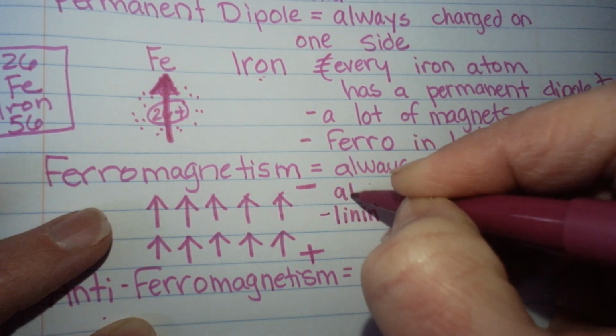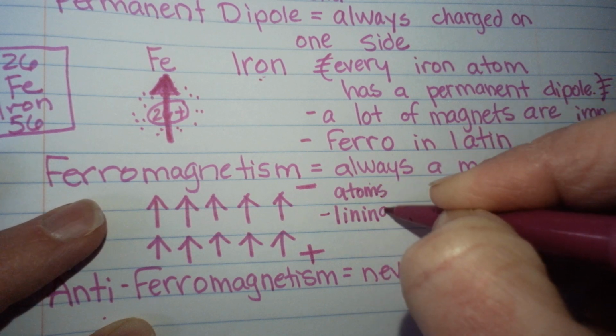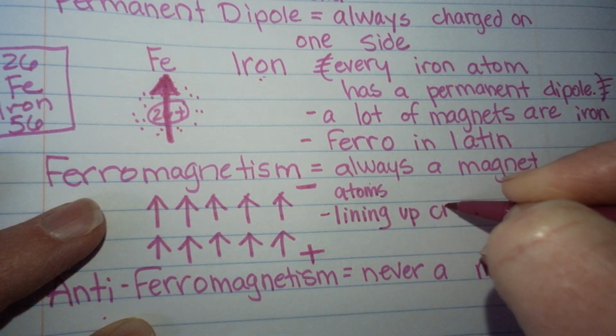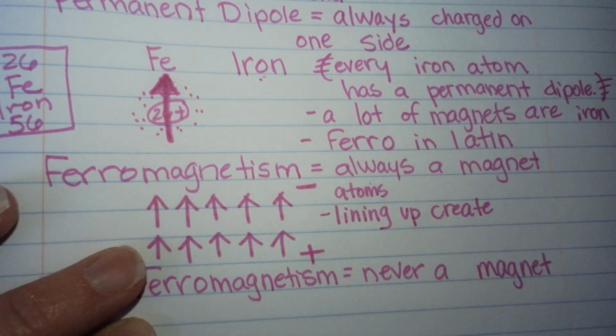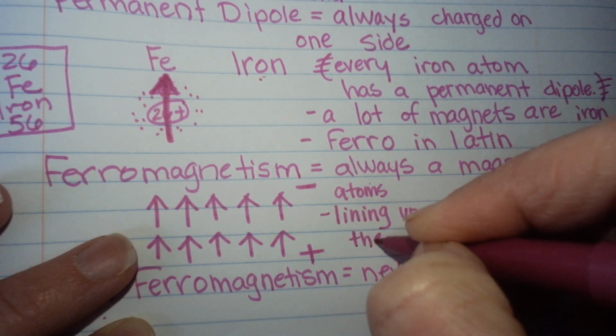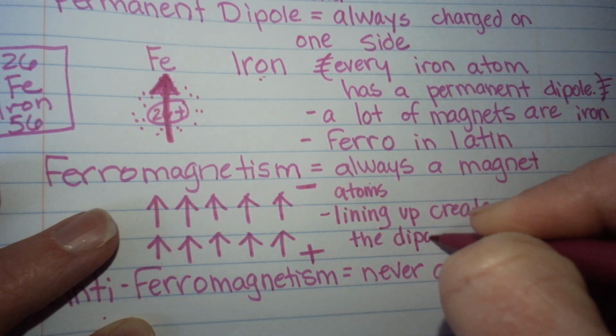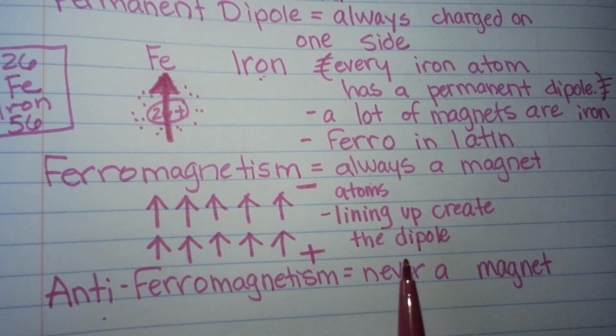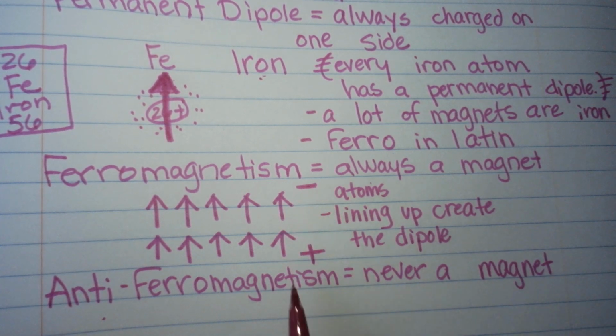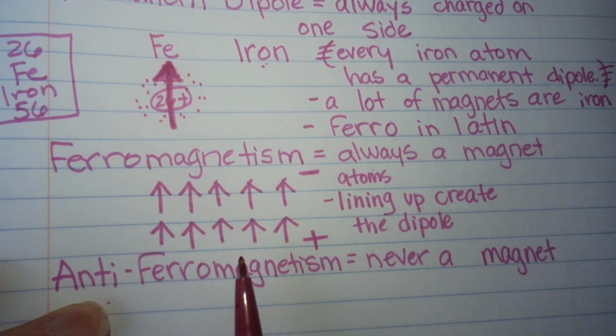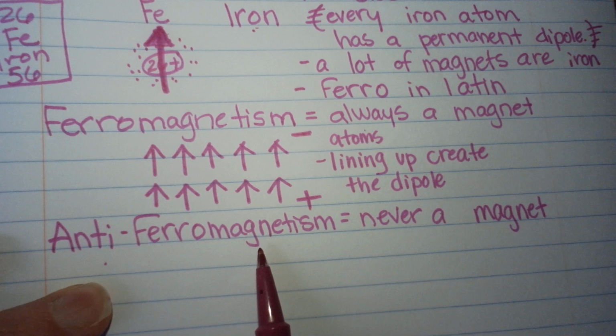Or we'll put atoms lining up create the dipole. Now that word dipole, that means the positive and negative, the difference. Okay? So what do you think that the anti-ferromagnetism is going to look like?